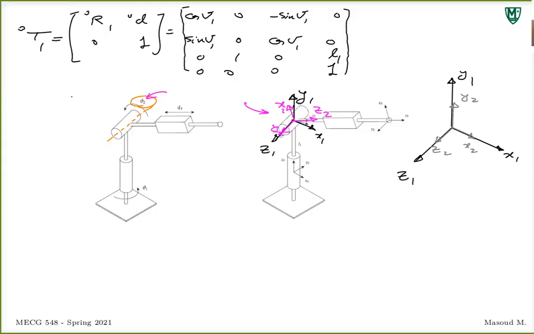Now, forgetting about that, how do we go from the gray to magenta? There is no translation happening in this case, so the only thing we have is rotation.